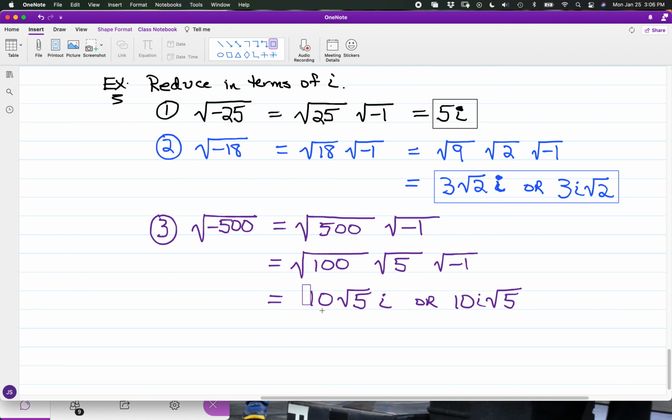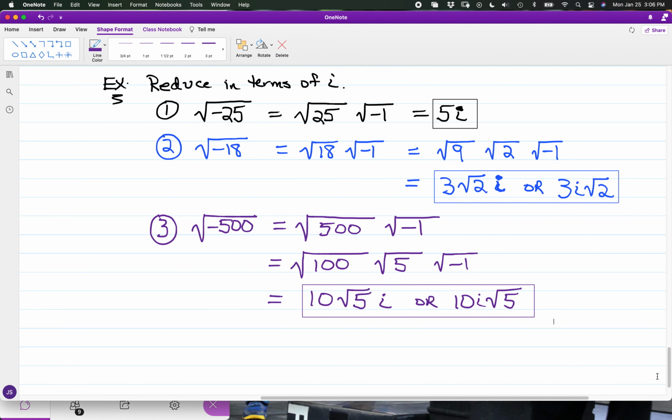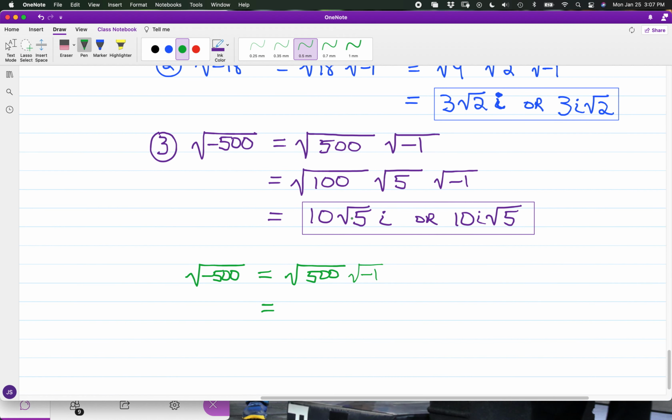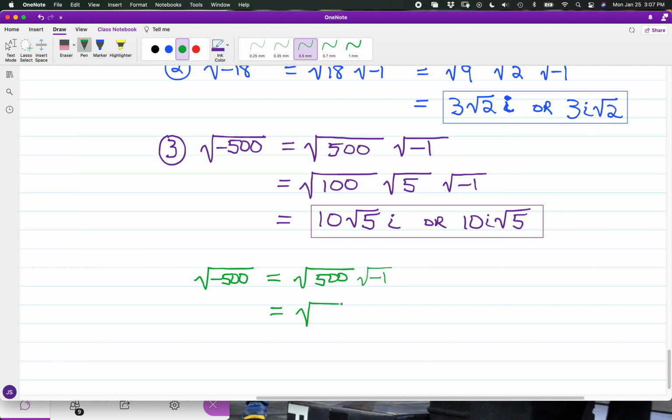Okay, and let me mention something. If you didn't pick out the highest perfect square value, say you had the square root of -500, the square root of 500 times the square root of -1. Say you didn't think of 100 but you thought of, let's say, 25.